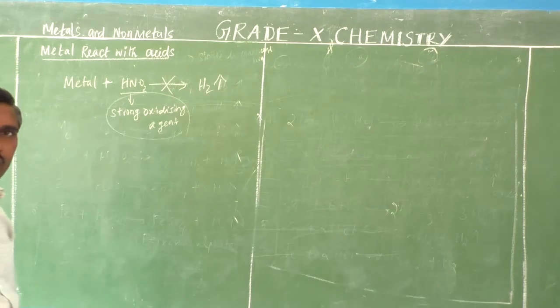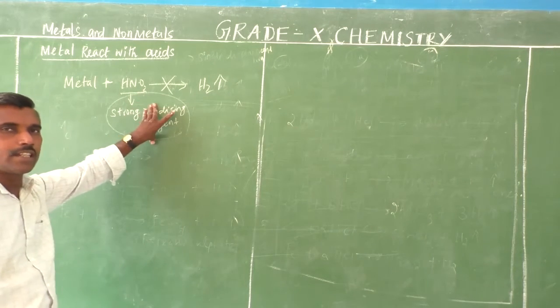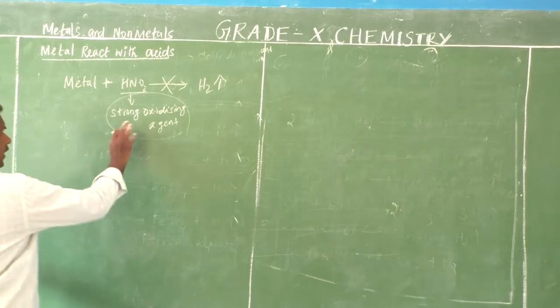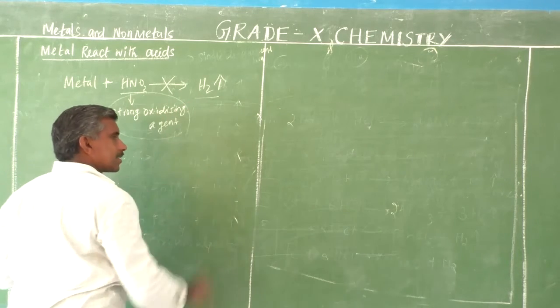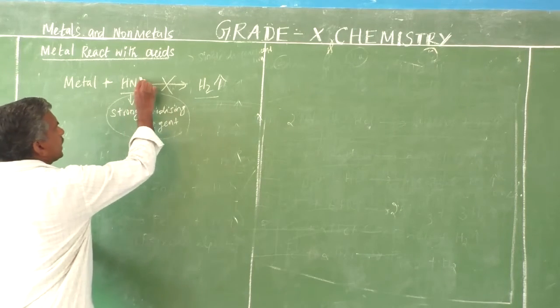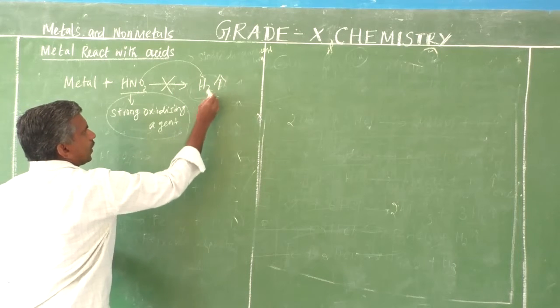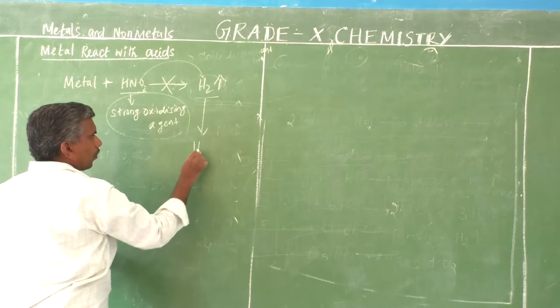This strong oxidizing agent, what is its work? Generally, when metals react, hydrogen gas is evolved, but with nitric acid, the hydrogen evolved is oxidized to water molecule.